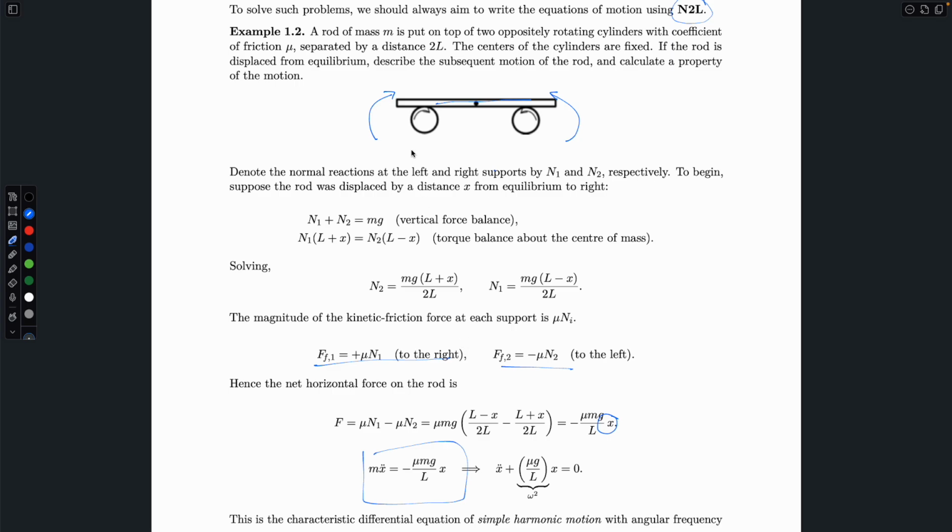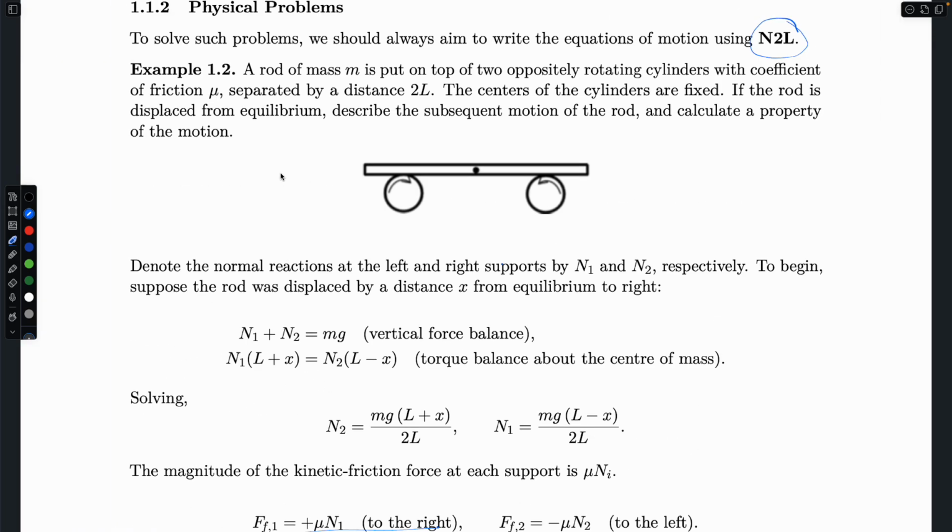From the perspective of the mass, it will feel a force to the right due to the left cylinder. The force felt by the cylinder is in this direction because friction opposes the motion. Then by Newton's third law, the mass will feel an equal and opposite force to the right.